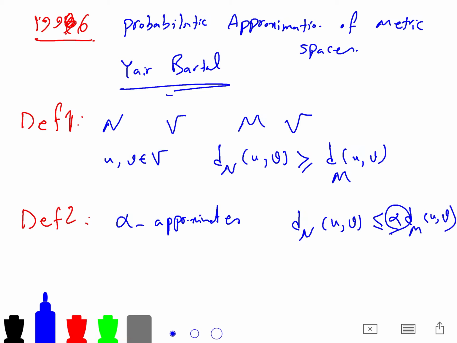And because hierarchical trees are simple, you can approximate trees with each other as well, with beta. So you approximate your graph by a tree by alpha, and then overall by alpha times beta.